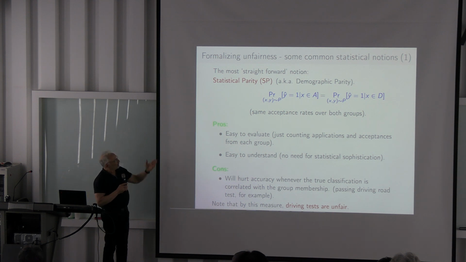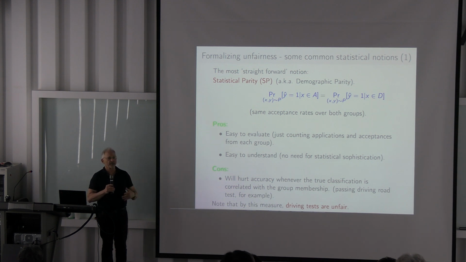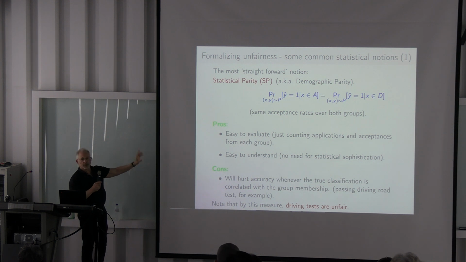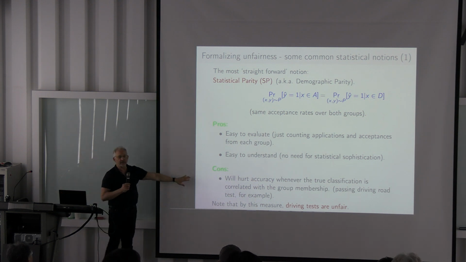So they fail this statistical parity. But we know that there is a correlation between the group membership and your success rate. So the problem is that this is a very simple measure, very easy to do mathematics with, very easy to explain to judges, very easy everything, except that it goes against accuracy the minute there is a correlation between the group membership and the feature that we are trying to predict.